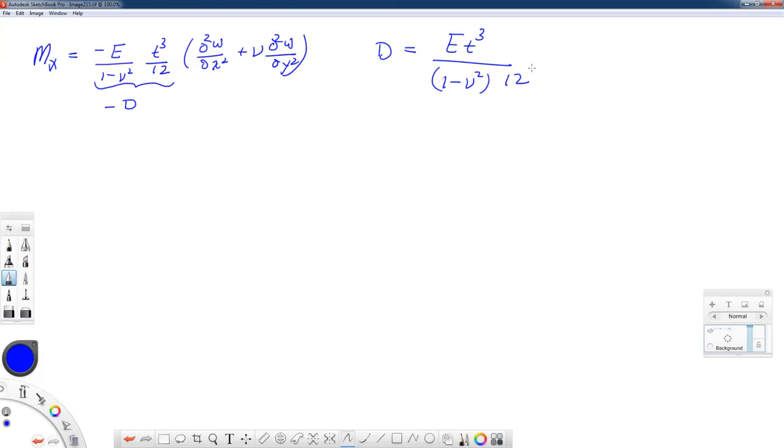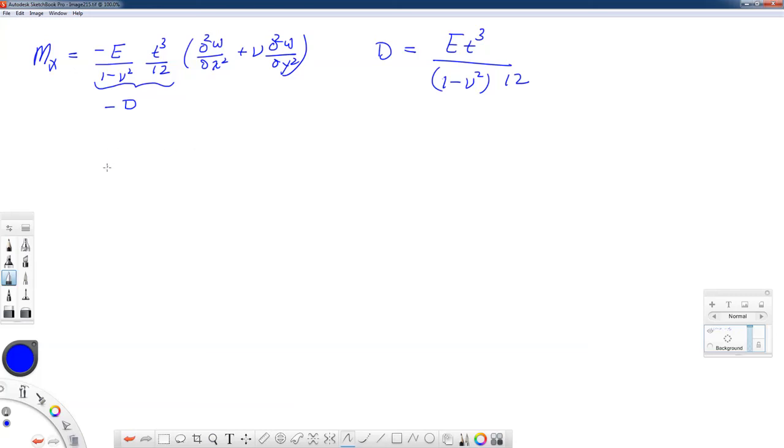That term is going to be a little bit less than 1, so that's going to make the rigidity of the plate a little bit higher than the rigidity of the beam, because the dimensions of the plate constrain the deformation in the transverse direction. Okay, so just by moving from a plate type geometry away from a beam, we have a little bit more inherent stiffness of that structure.